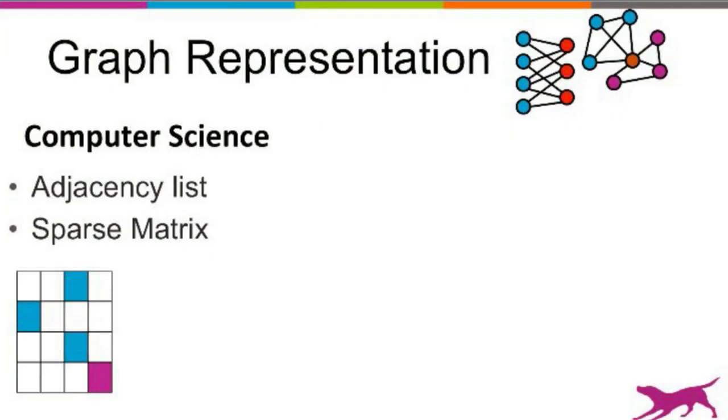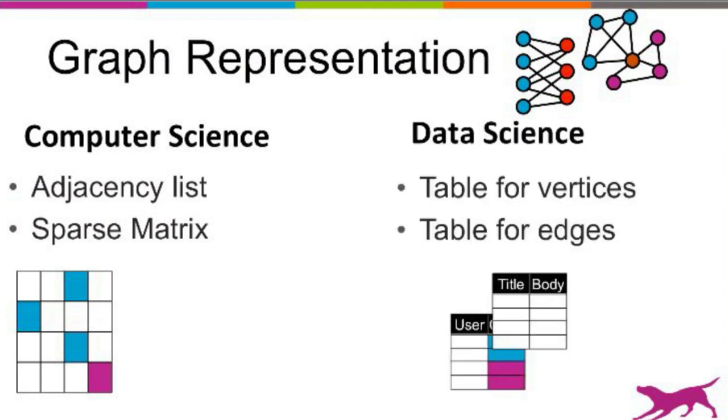When it comes to graph representation, if you have a computer science background, you normally think of it as an adjacency list or a sparse matrix representation. But if you're a data scientist doing data engineering or feature engineering, you want to think of a graph as two tables: a table for vertex data and a table for edge data.